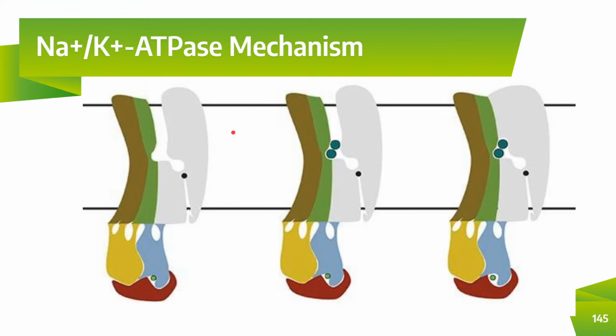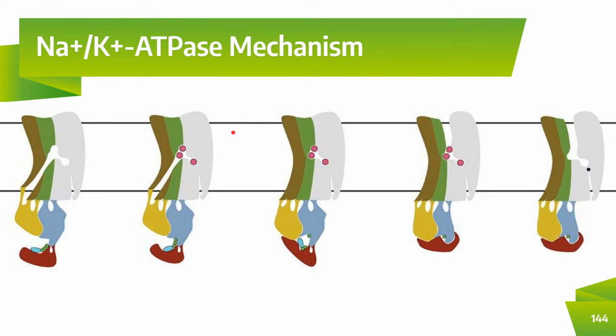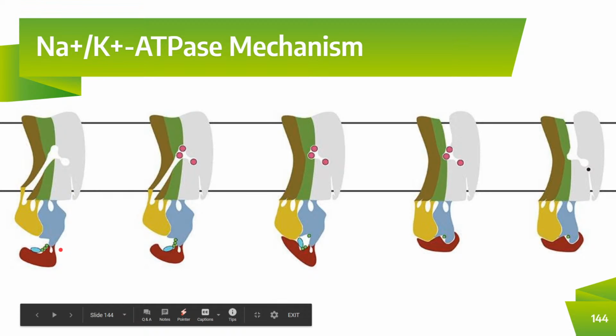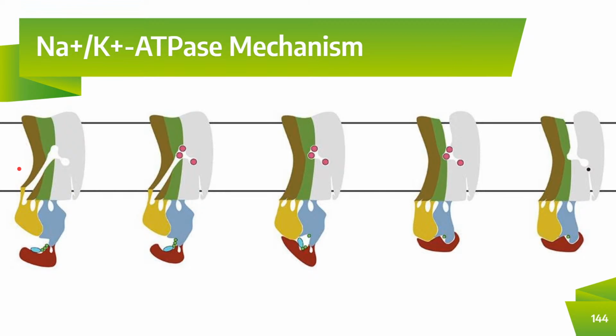And we go back to the initial state where this inside tunnel opens, the potassium goes out, it's dephosphorylated, and another ATP can bind and another sodium can go in. Right?